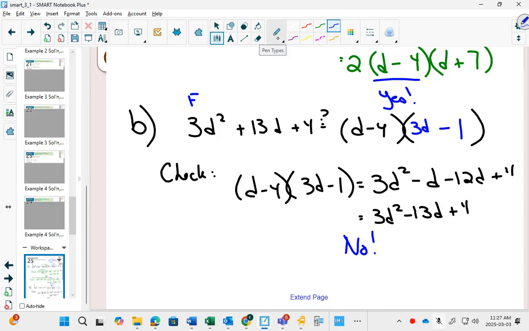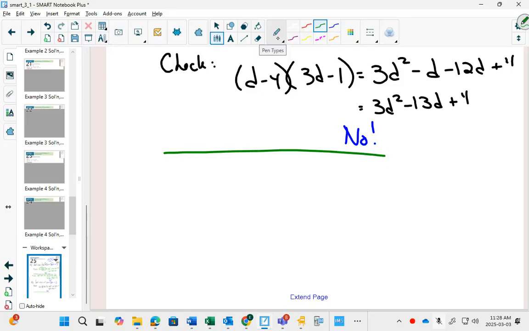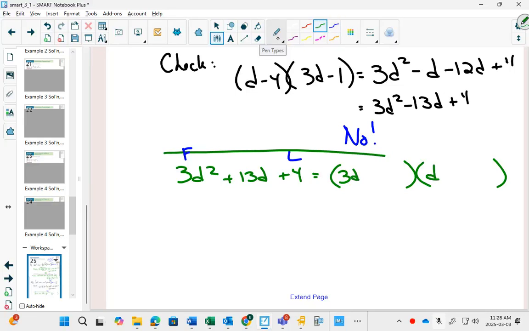If we tried to factor this, so using method 2, no common factor, look at your first ones, 3d squared. Only option, 3d and d. Look at your last ones of 4. Could be 2 and 2, 1 and 4, or 4 and 1. Can you see here now 1 and 4 and 4 and 1 are different.